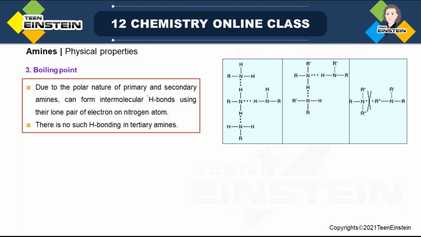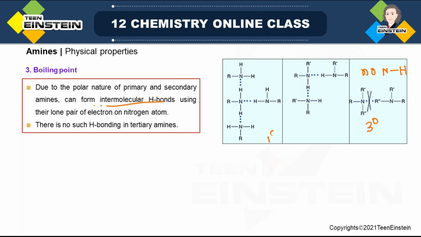Because of the polar nature of primary and secondary amines, they can form intermolecular hydrogen bonds. That means a hydrogen bond between two individual molecules of amine. But this type of hydrogen bond you cannot expect in 3 degree, because there is no NH bond, so how will hydrogen bonding be there?